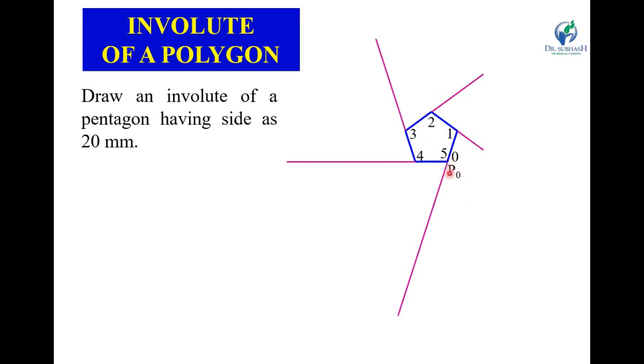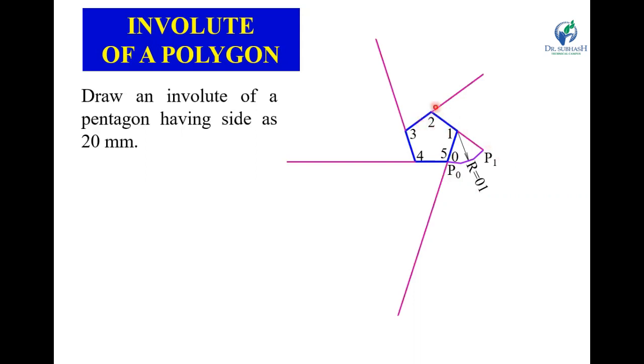Initially point P0 is at 0. Now with 1 as a center and radius equal to 0-1, draw an arc. You will get the point P1.